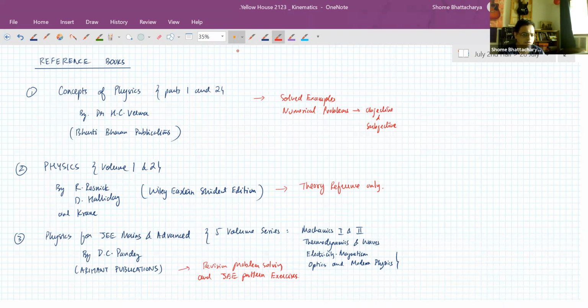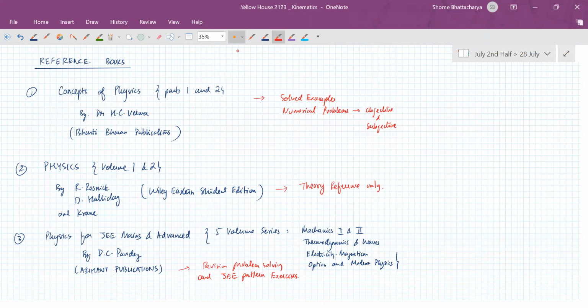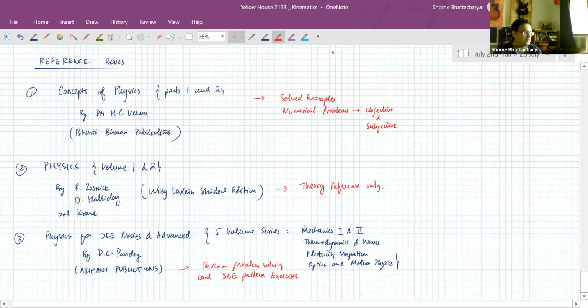Sir, and for the problems to solve, how will we be told? Yeah, I will be giving you a recommended problem list from these books also. Even in the theory reading, there are certain passages from Resnick Halliday which I might recommend at some point, that you read through before the next lecture. But in general, it is optional.